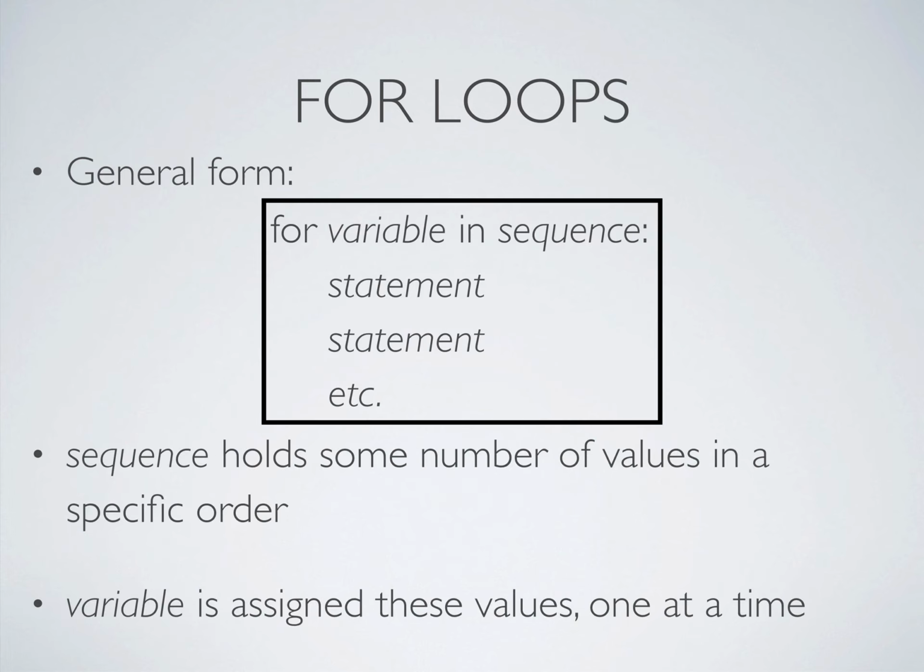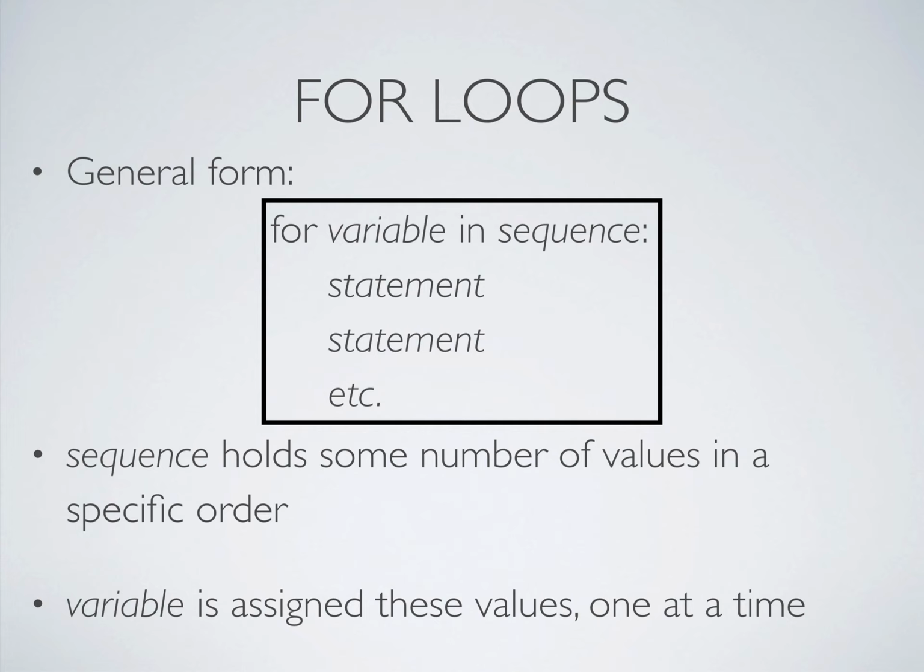Alright, so this is the general form of what a for loop looks like. So you have the word for, that's how Python knows, okay, a for loop is coming. That's one of these Python keywords. And then you have a variable. Now this is a variable that you haven't necessarily defined yet, so this can be a new variable as long as it goes by the standard variable naming rules and guidelines we've talked about. The word in, this is another one of those Python keywords.